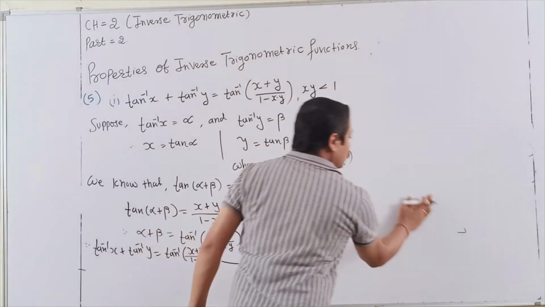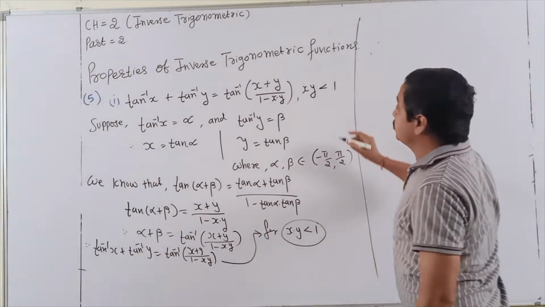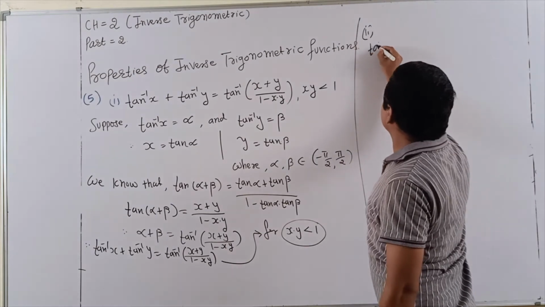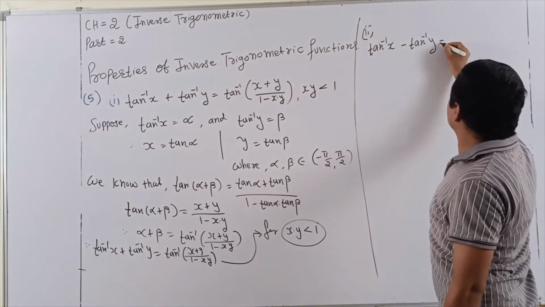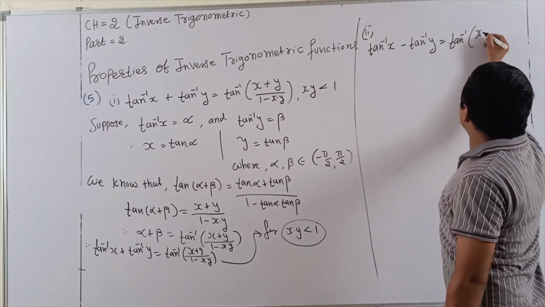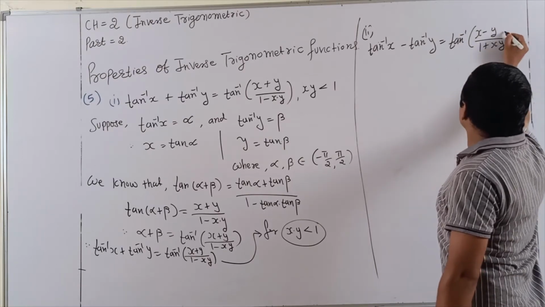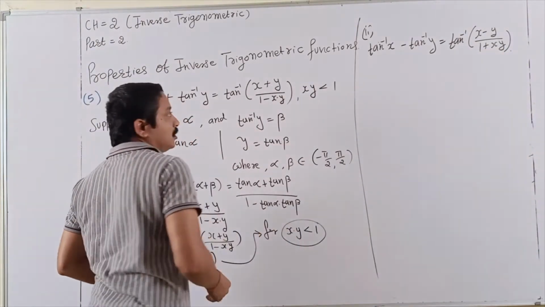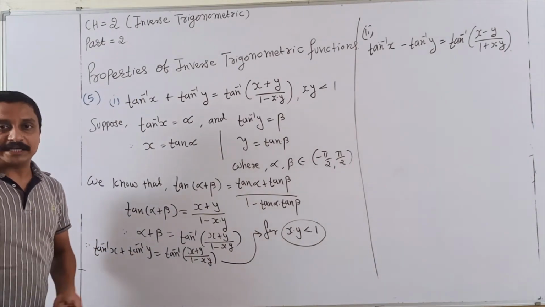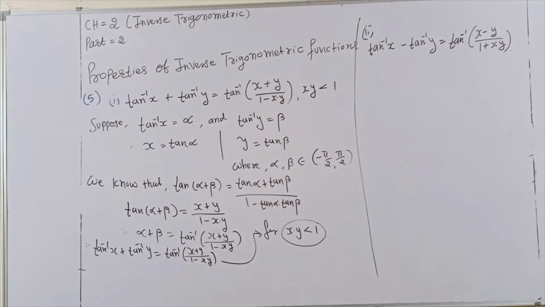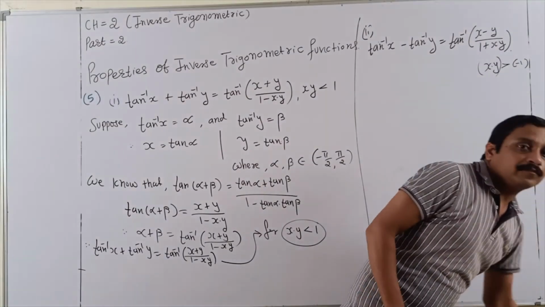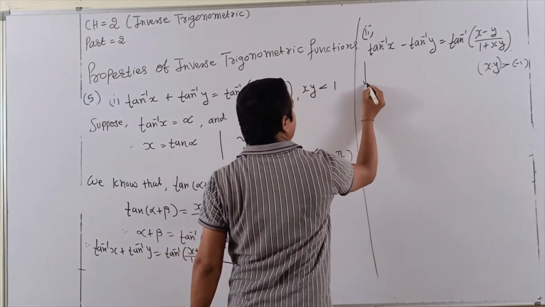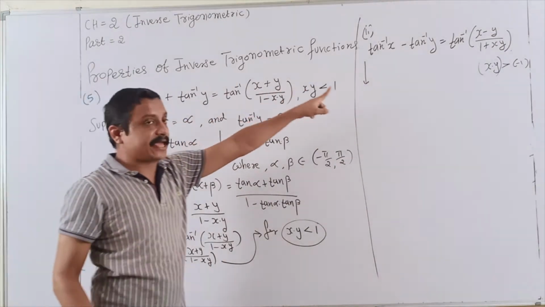The same goes for the second property: tan inverse x minus tan inverse y is equal to tan inverse of x minus y upon 1 plus xy. This case is also very easy to prove. Same as before, students, the assumption is done similarly to the second.